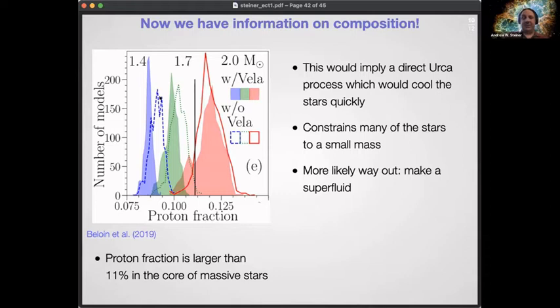We find that rather than tweaking the masses to fix the direct URCA process for each of these stars, it's much easier to just ensure that the neutron triplet superfluidity pervades the star. This is what we find in this particular case. So we have learned something from this new Bayesian inference, not just the equation of state, but information on the neutron to proton ratio and the superfluid gap.